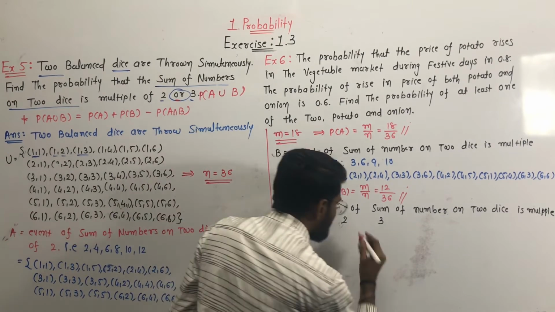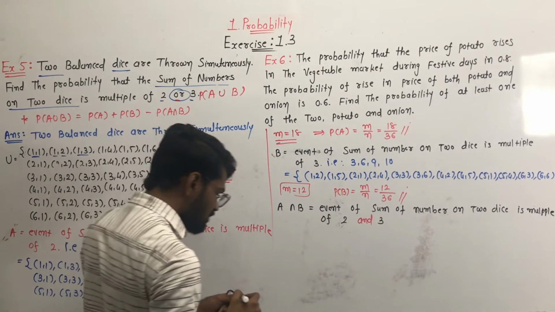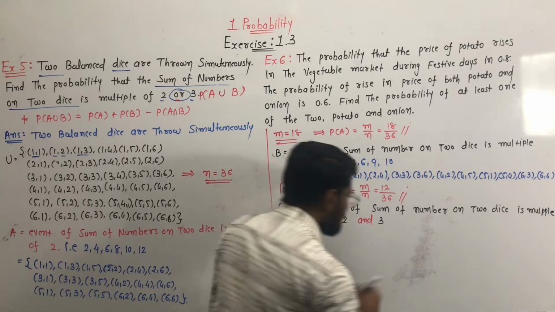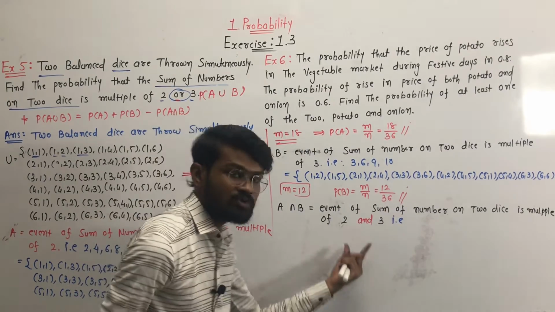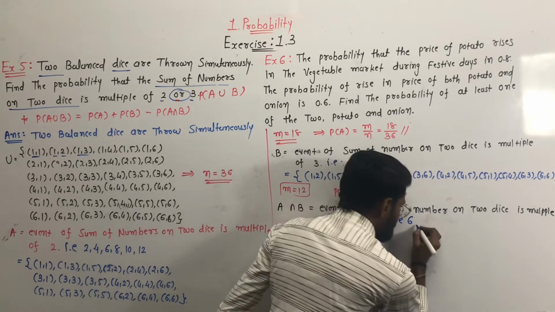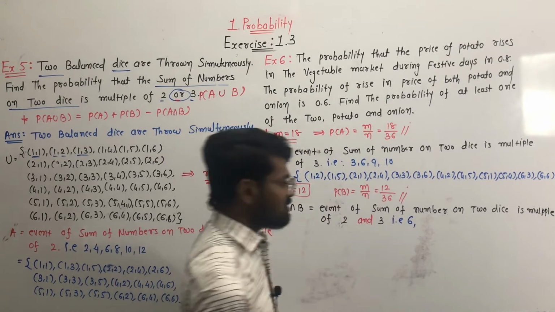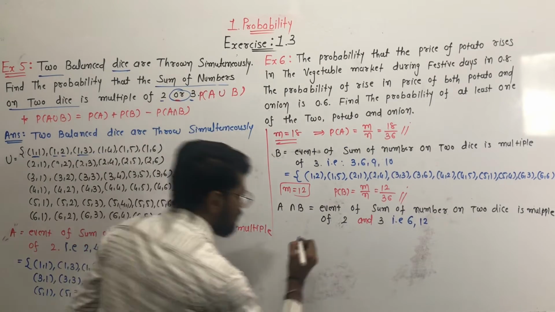There is 2 and 3 for the intersection, and it is the LCM of 2 and 3. Yes, LCM of 2 and 3 is 6, so it is a multiple of 6, so 6, then it is also 12. Clear?